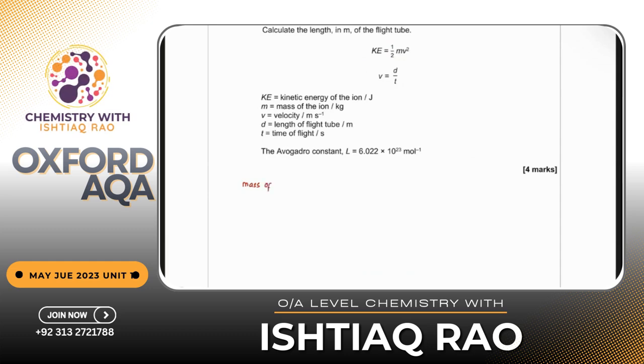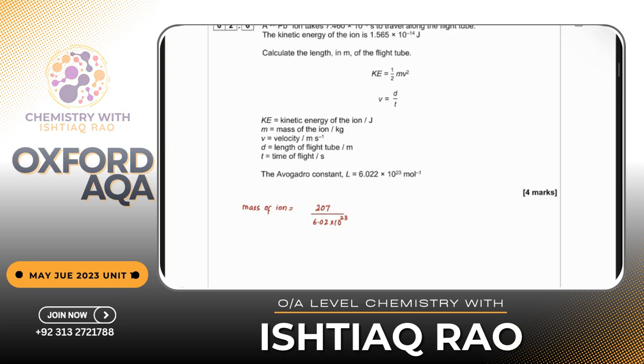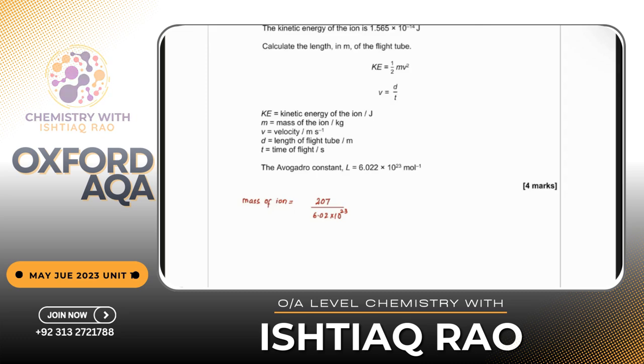Mass of ion. What ion have they given? Pb+, 207. So the mass of the ion will be 207 divided by 6.02 times 10 to the power 23.